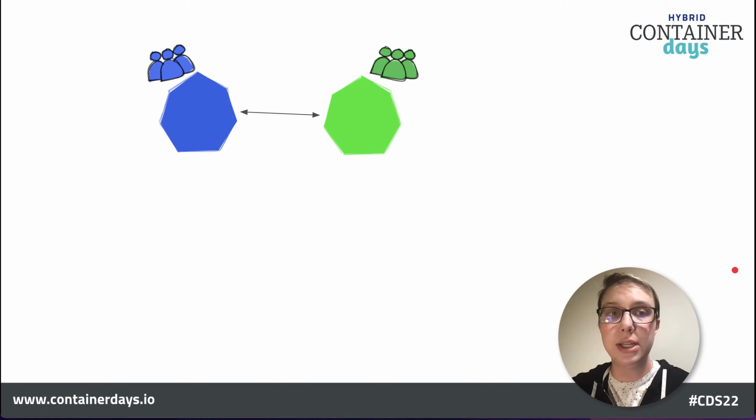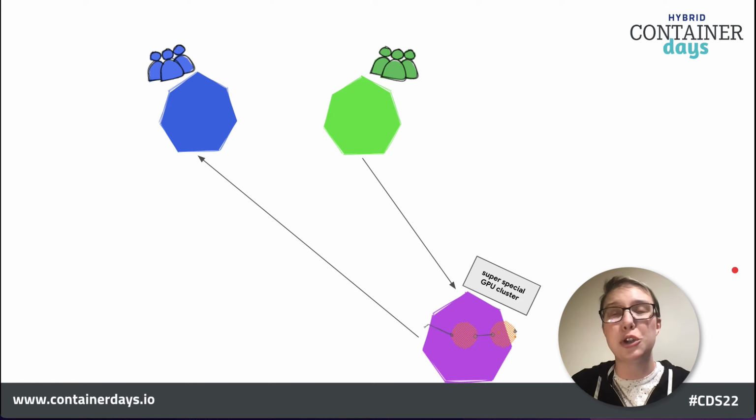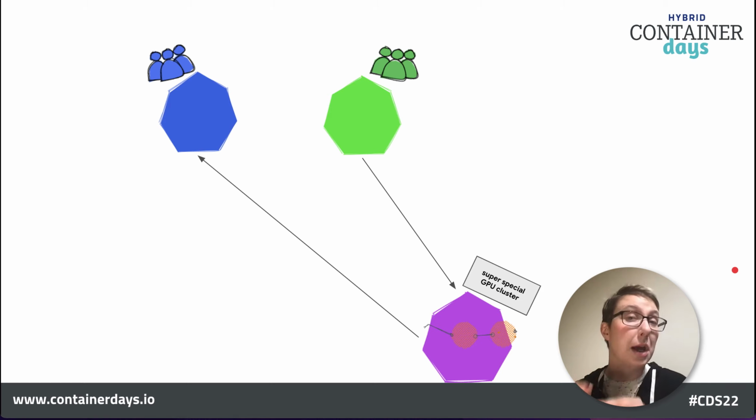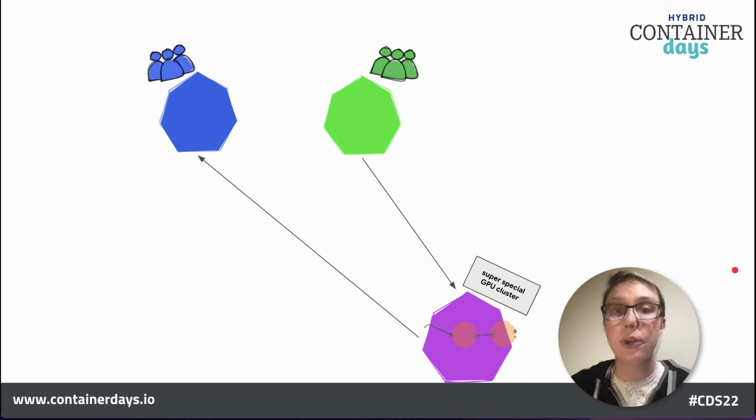Maybe you have this blue team that is working on some set of applications, workloads, services. You have this green team, they're working on some set of applications, workloads, services. Another case is if you have a totally different, special kind of cluster that you want to use for just some workloads, but maybe not all of your workloads.